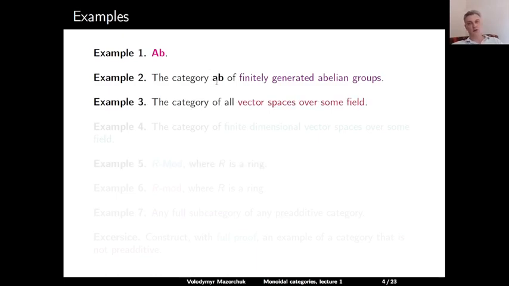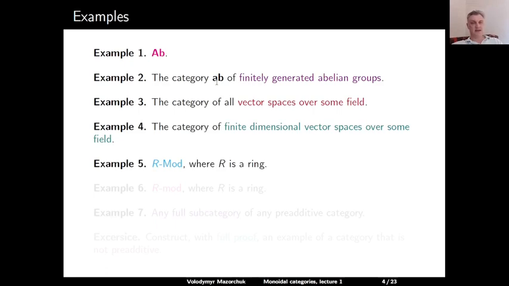Next, the category of all vector spaces over some field is a preadditive category, and the category of all finite dimensional vector spaces over some field is a preadditive category. Similarly, the category of all modules over some unital ring is a preadditive category, and its subcategory of all finitely generated modules is also a preadditive category.